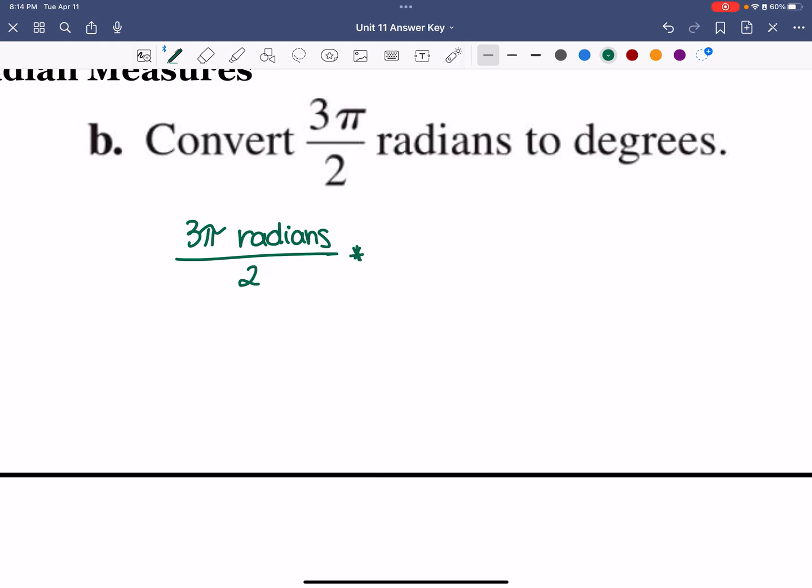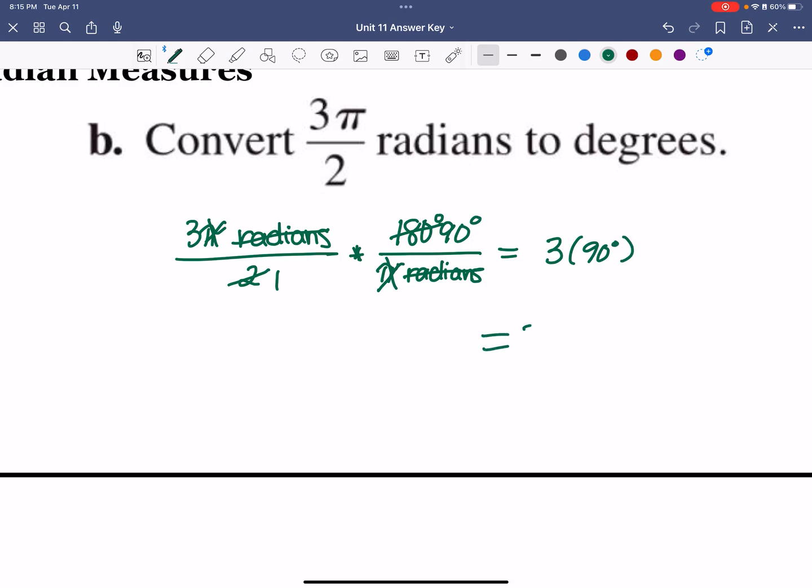Since I have radians on the top and want to get to degrees, degrees stays on the top, and on the bottom is pi radians. That cancels out my radians. I also cancel out the pi, and I can simplify 180 and 2 to bring this to 90 degrees. So I do 3 times 90 degrees, which gives me 270 degrees.